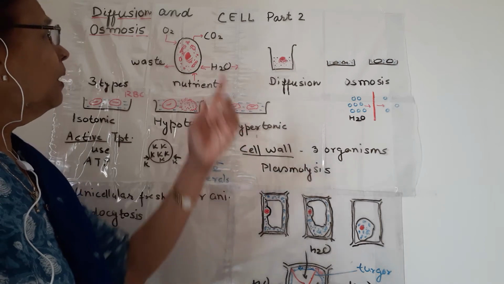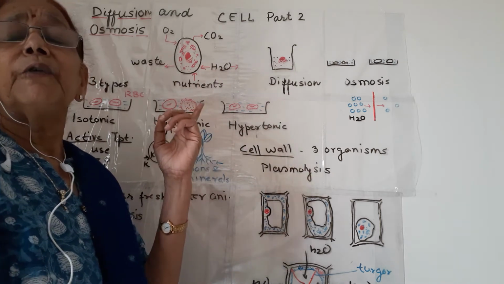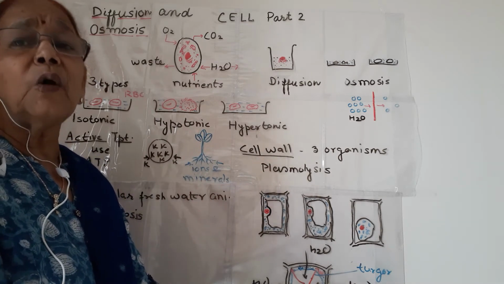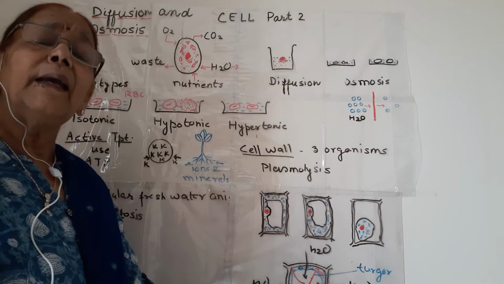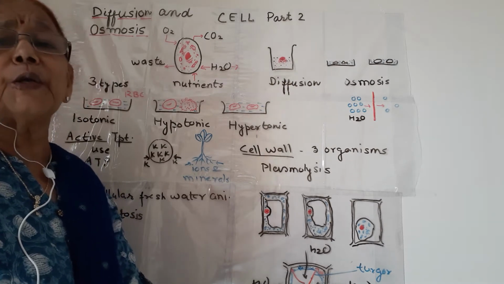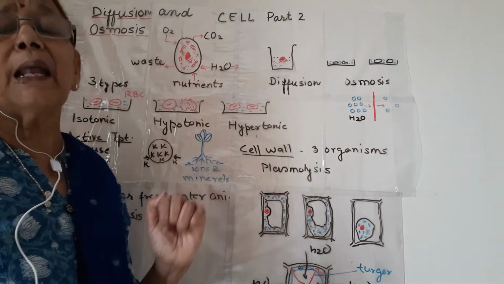Now, many molecules which are helpful for the functioning of the cell are in continuous movement around the cell and inside the cell. And the movement of these molecules is dependent upon this cell membrane.